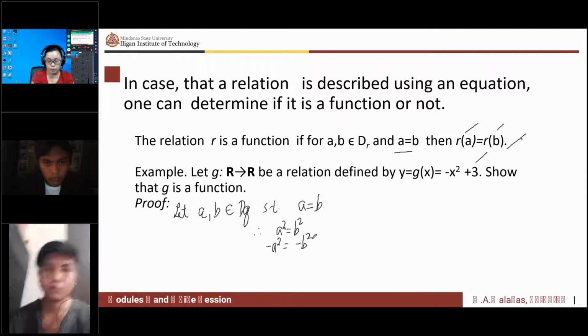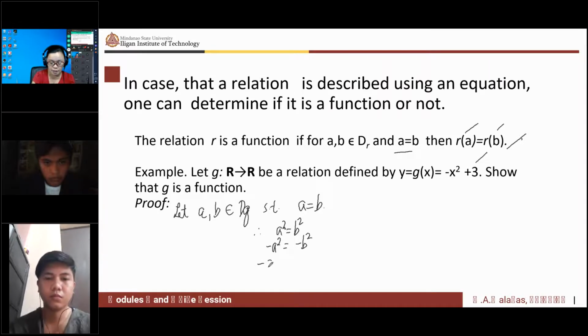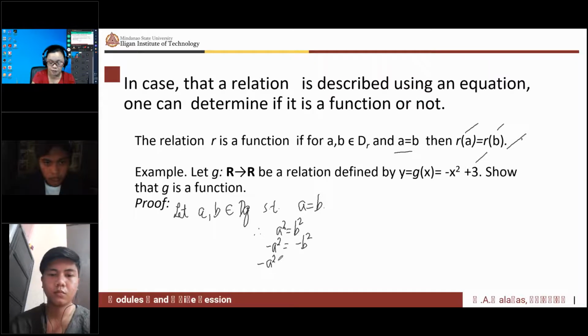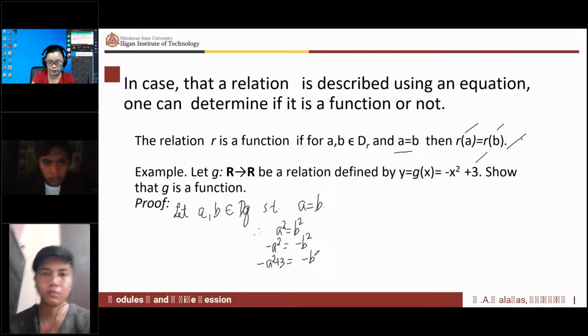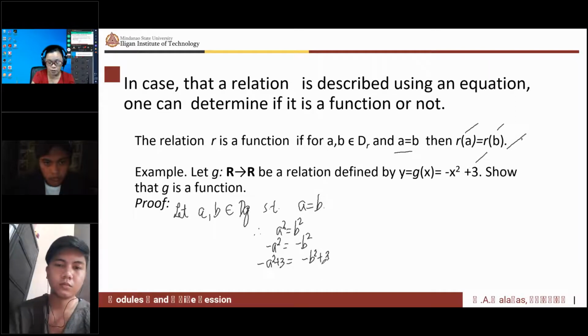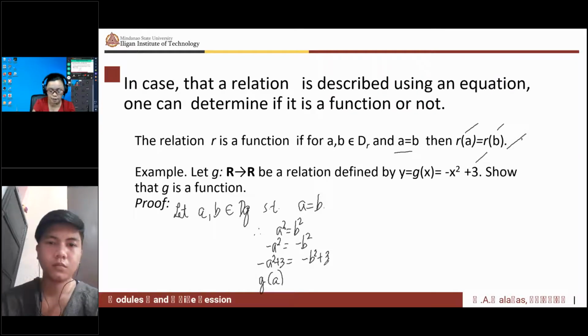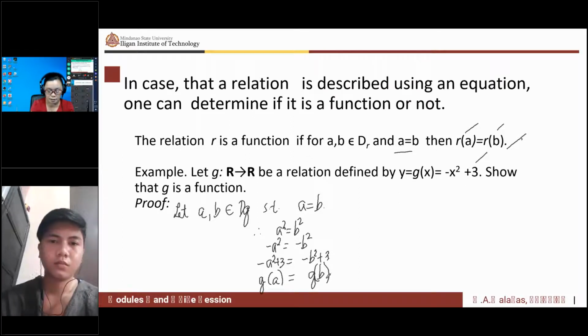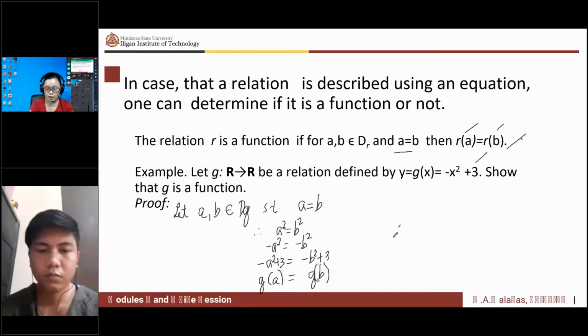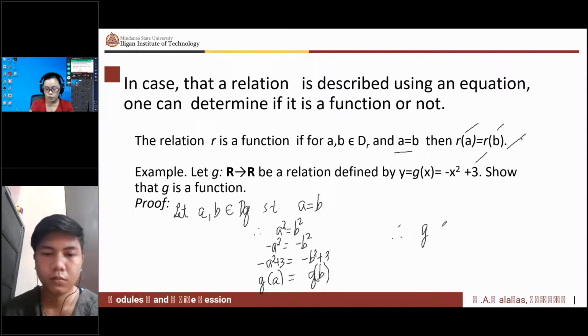And we can also add 3 to both sides, any constant actually, but specifically we add 3 because we want to get the form of the equation. So you have -b squared plus 3. As you can see, this is G of a, and the right side is also G of b. So therefore, we started from a equals b and ended up with G of a equals G of b. Therefore, G is a function.